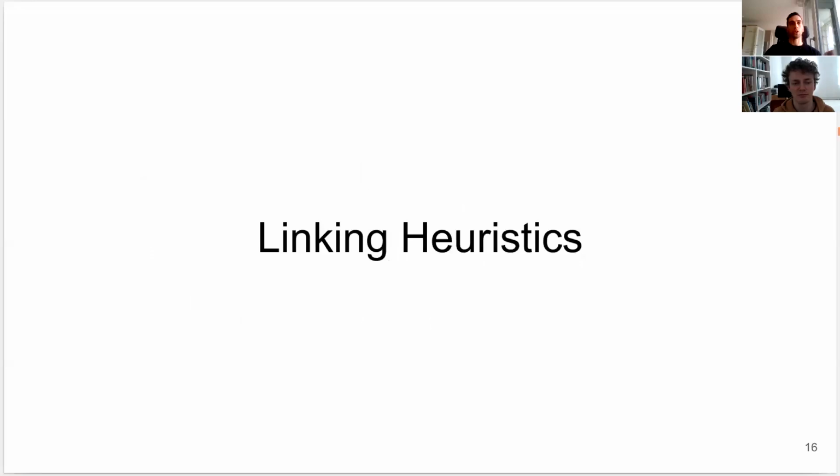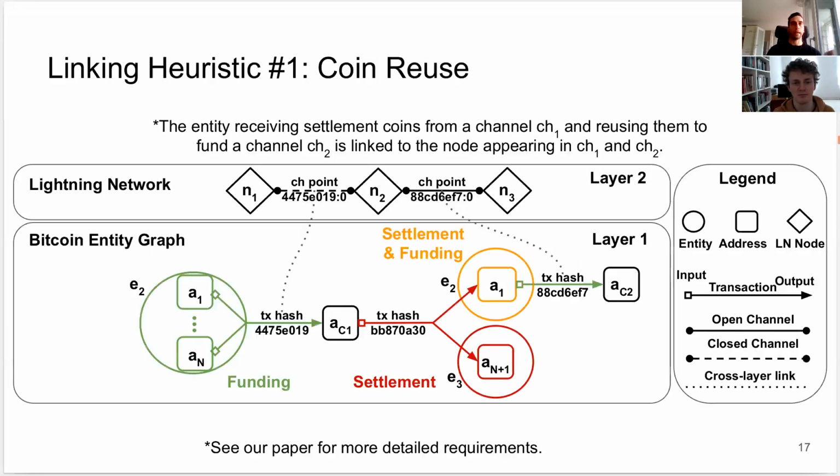So the core of our work is based on linking heuristics, and we can already start understanding how linking heuristic number one works. We call it coin reuse, because as you can see from this graph, we have the entity Ichu that is reusing coins from channel C1 to fund and open another channel C2.